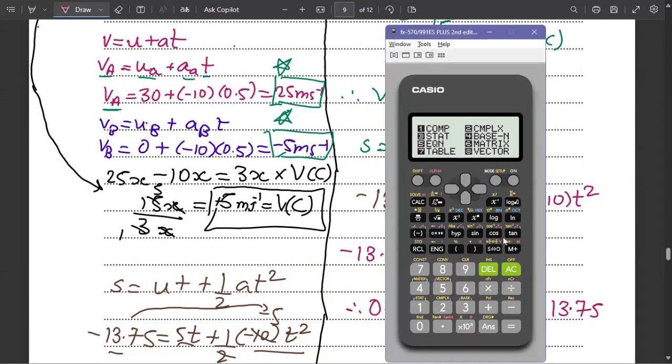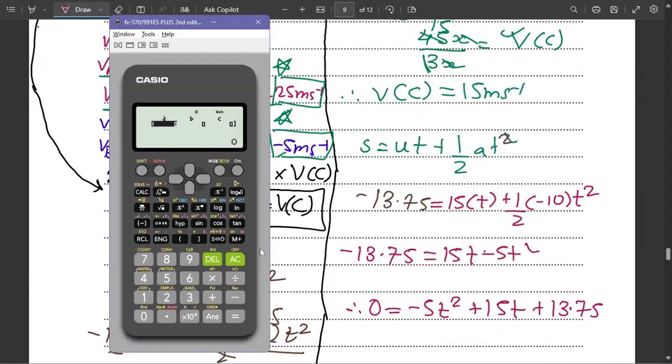Now, if I put this in the calculator, again mode 5 3, minus 5, 15 and 13.75. The answer is 3.736 or minus.